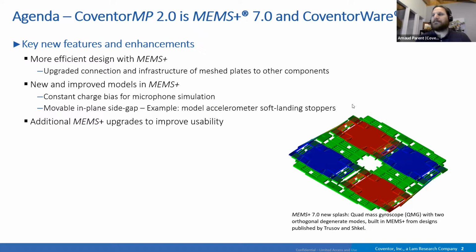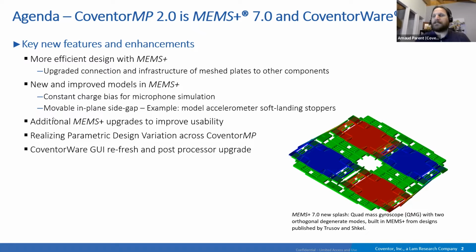Then other usability changes in MEMS Plus, and then we will move to a new way to do parametric design variation in Coventor MP. And what's new in Coventorware, so the new graphic user interface and the new post-processor upgrade.